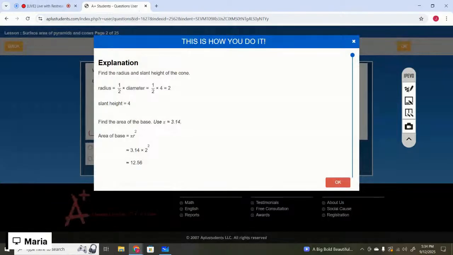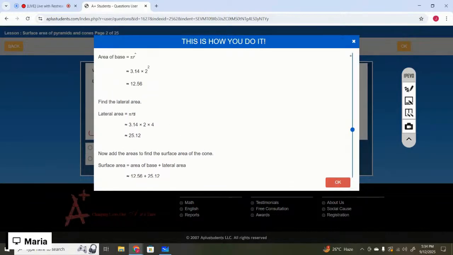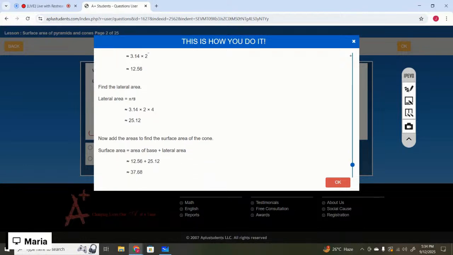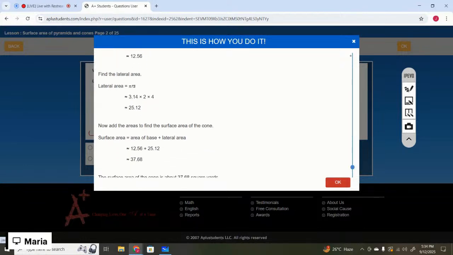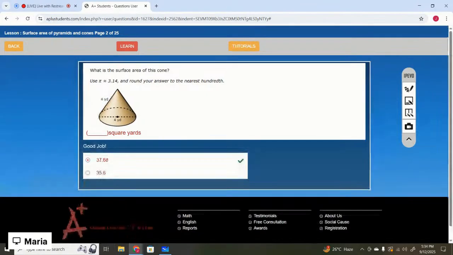Area of base is pi r squared, and the area of the curved surface is pi r s. That is 37.68. Option number 1 is the correct option.